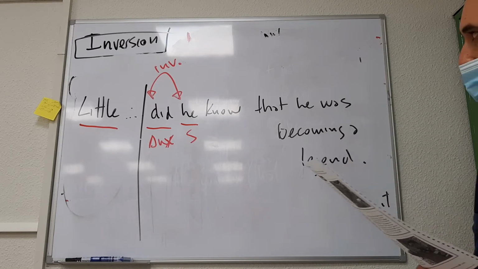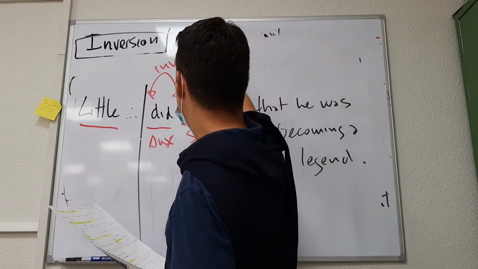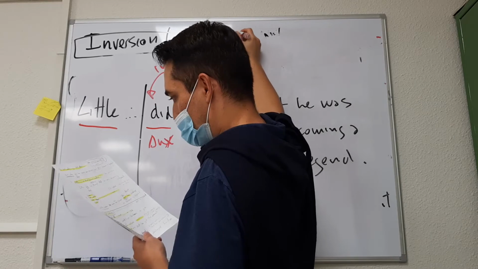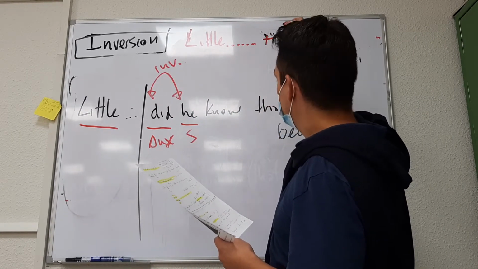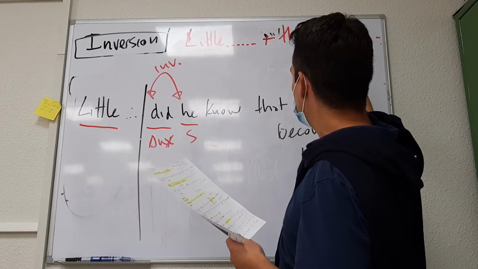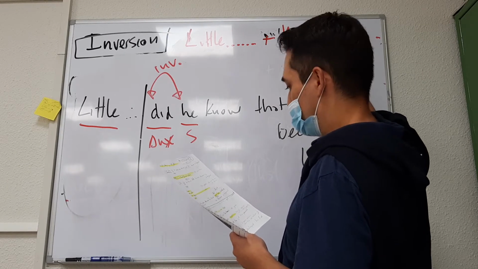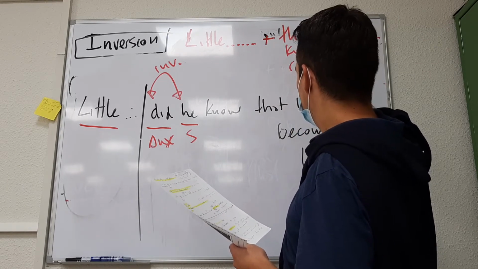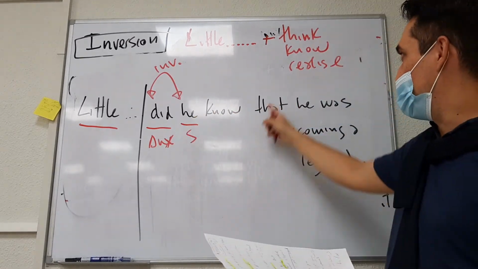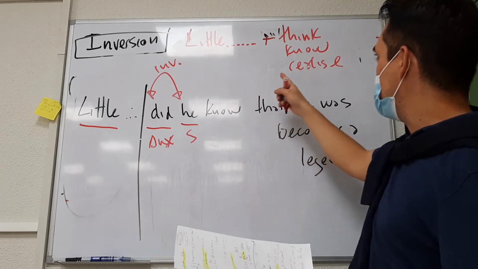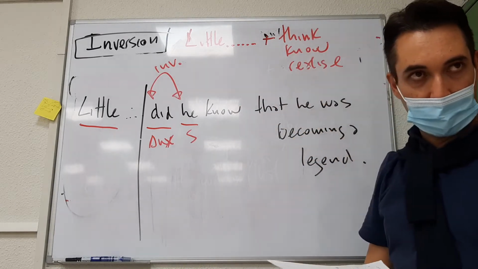How can we call this type of inversion? I call it little, blah blah blah, plus verbs such as think, know, or realize. You could say, little did he realize that he was becoming a legend. Little did he think that he was becoming a legend.